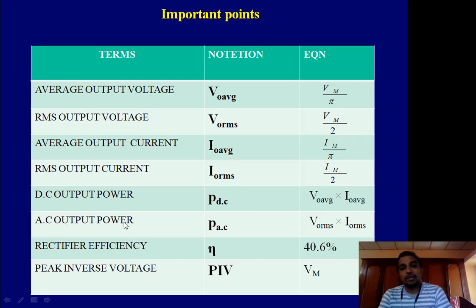Output AC power, that is RMS, V naught RMS into I naught RMS. Without taking the diode forward bias resistance, it is 40.6%, the rectification efficiency. The peak inverse voltage, the maximum reverse bias voltage the diode has to withstand, is V maximum. So this is about the half wave rectifier.